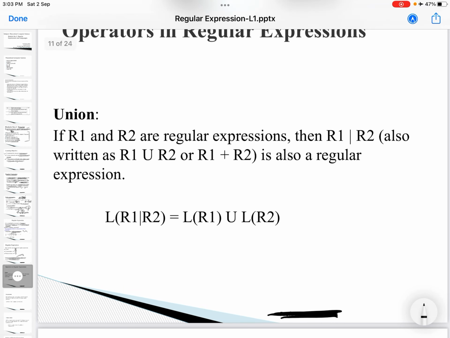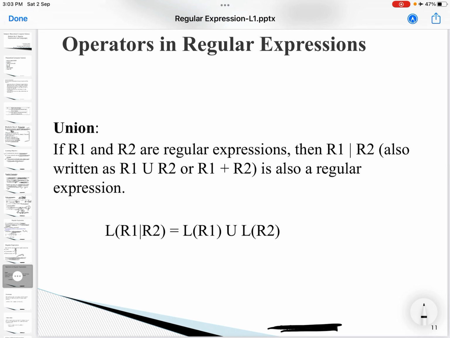So what is union? If R1 and R2 are regular expressions, then R1 union R2, also written as R1 plus R2, is a regular expression.